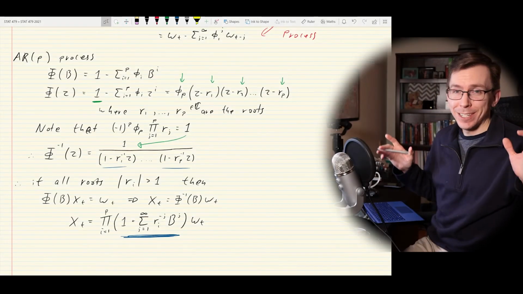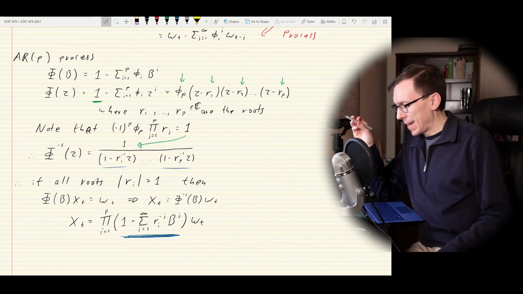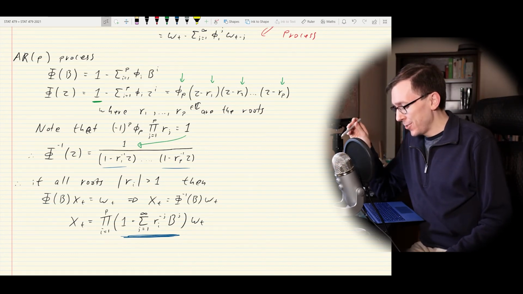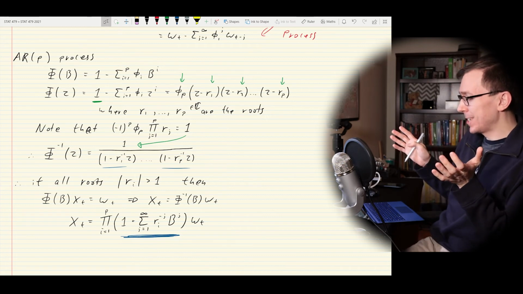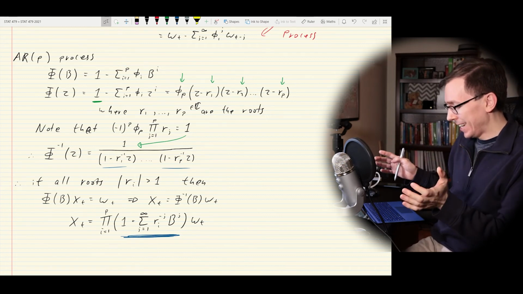All right, so we just went through this big mathematical derivation to effectively write an AR(p) process in this form at the bottom of the page. So then the question is, well, why?